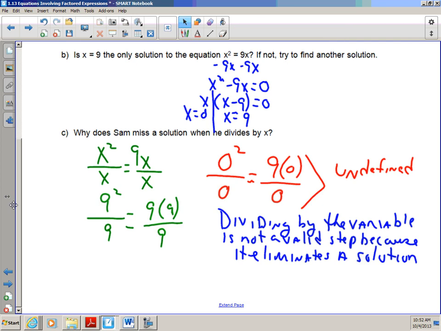Because what ends up happening is you convert x squared into x, which now means you're expecting only one answer when you really should have had 2 answers.